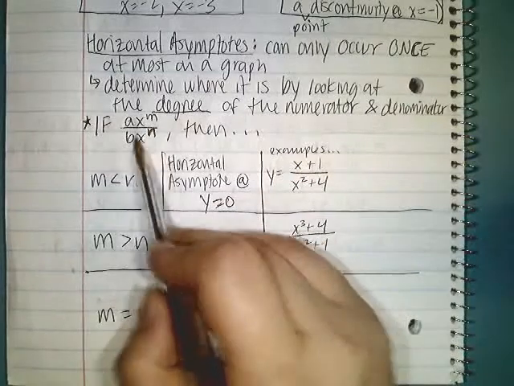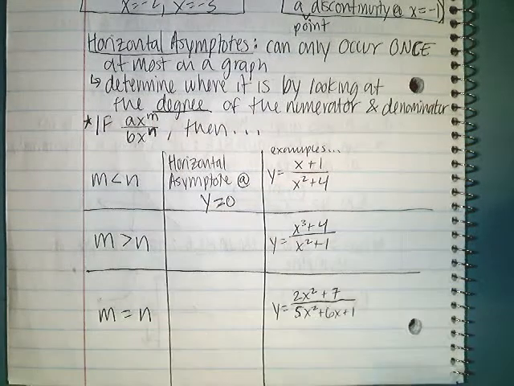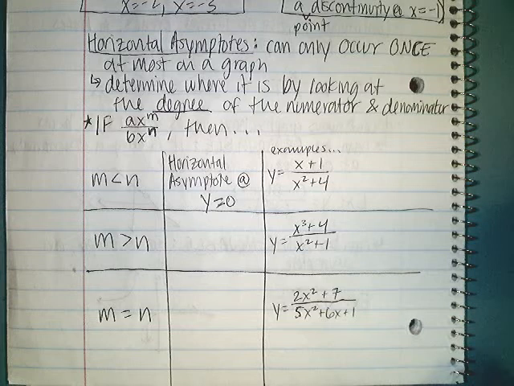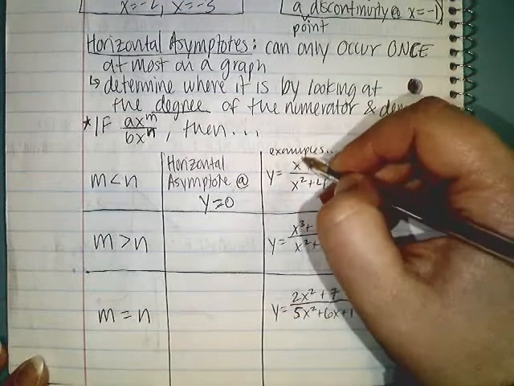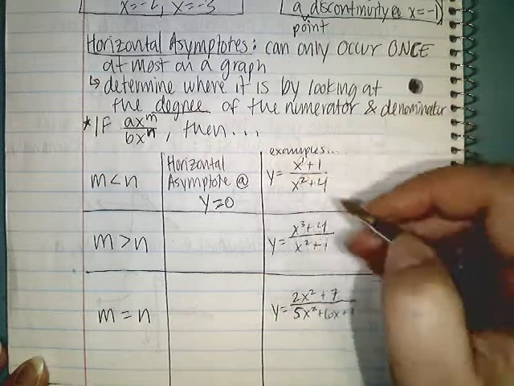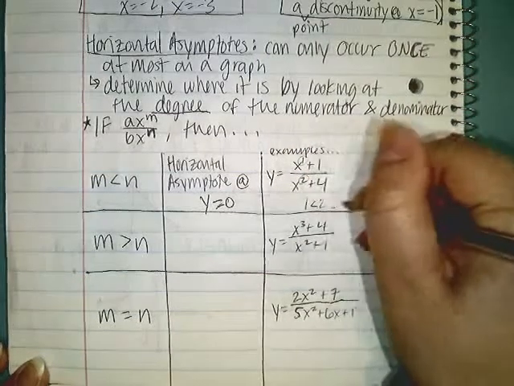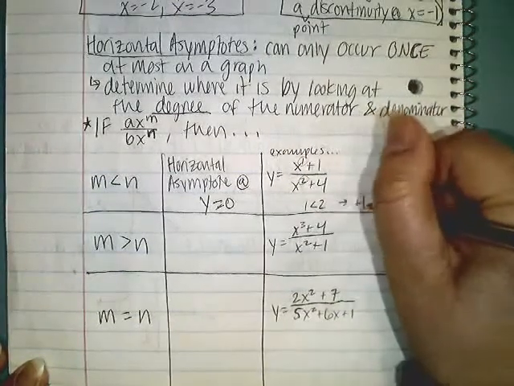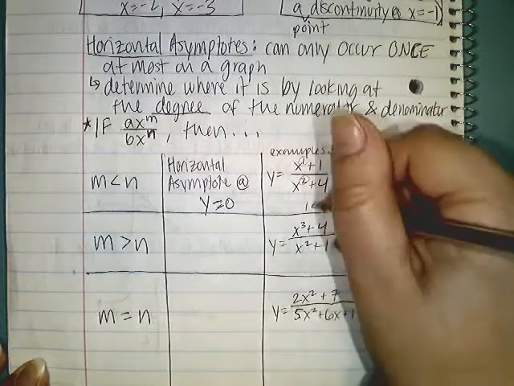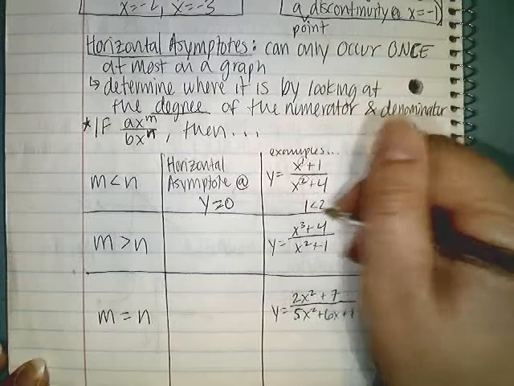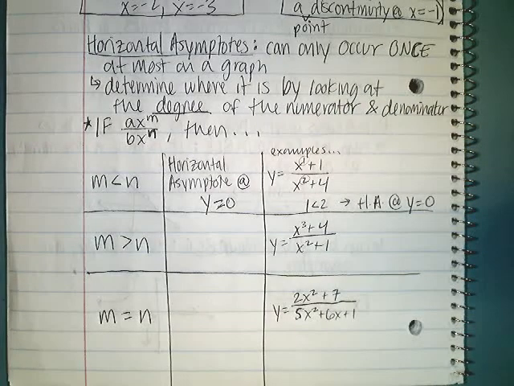So if the numerator is less than the denominator, my asymptote's just at 0. It's pretty easy. So if I'm looking at this example I have here, my degree here is 1, this is 2, so 1 is less than 2, which means I have a horizontal asymptote at y equals 0. Because this degree is less than this degree, my horizontal asymptote is at y equals 0.